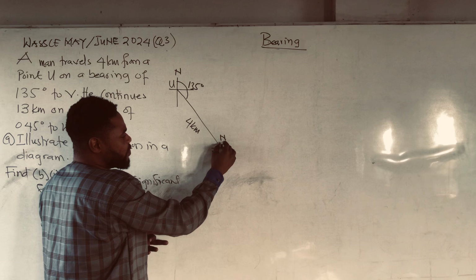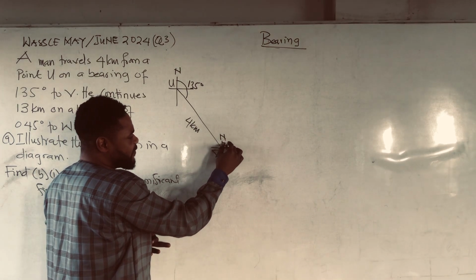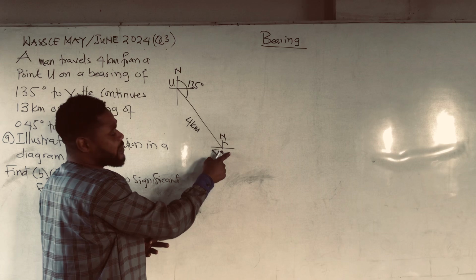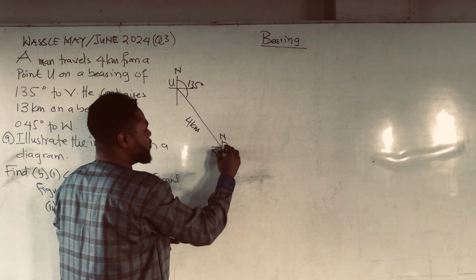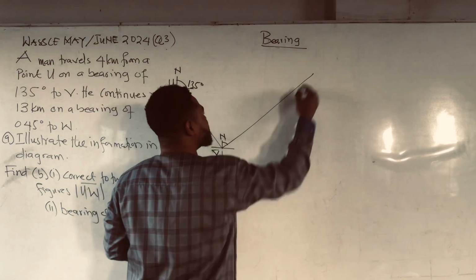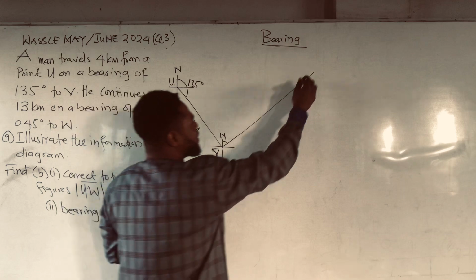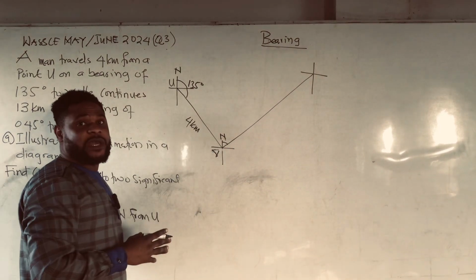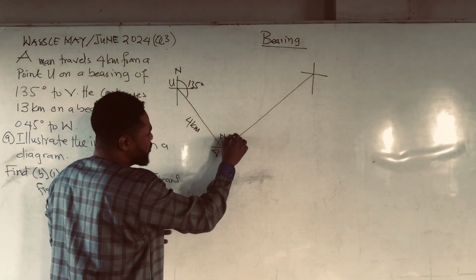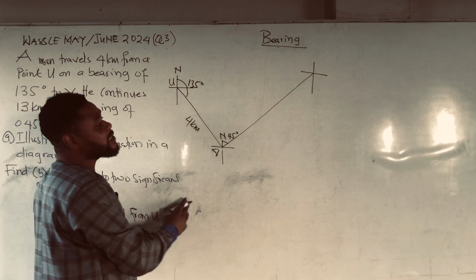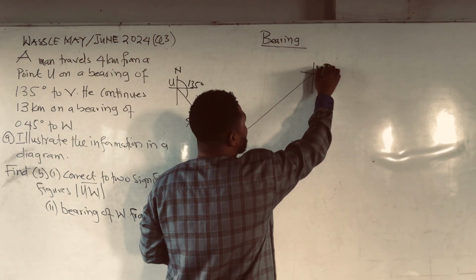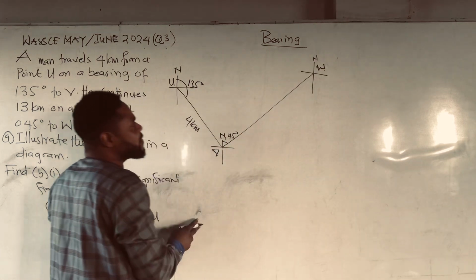Again, we take from the North Pole 45, that will be halfway because the whole angle here is 90. And we draw our line. Nicely, we put another cardinal point here, and the angle here will be 45 degrees. Then we put our W here.